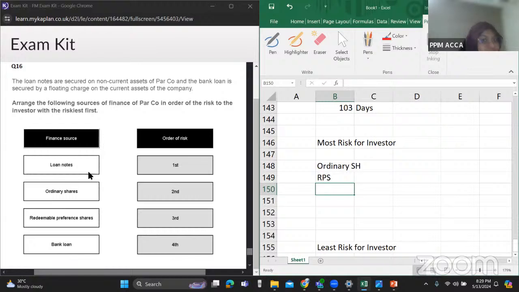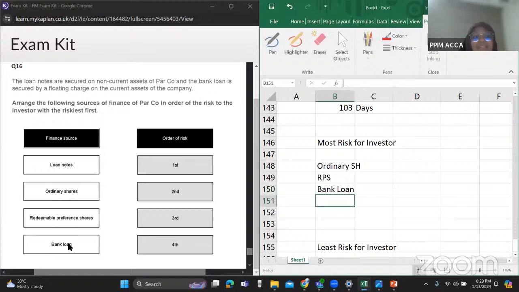They can't touch our non-current assets, like a building, a machine or a motor car. So compared to a preference shareholder, the risk is less. But compared with the loan note holder, who has it secured against the non-current assets, they are more risky, because non-current assets are usually of higher value. So the bank loan will come next.